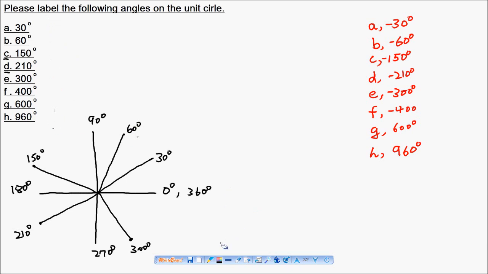So I do 400 minus 360 degrees equals 40 degrees. So the representation of 400 degrees on a unit circle is the same as 40 degrees. So I just draw 40 degrees there, and label it 400 degrees.